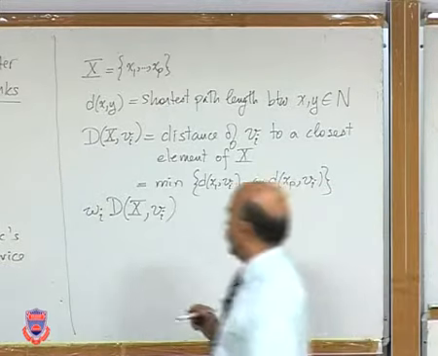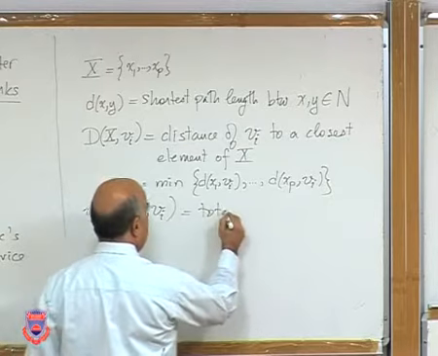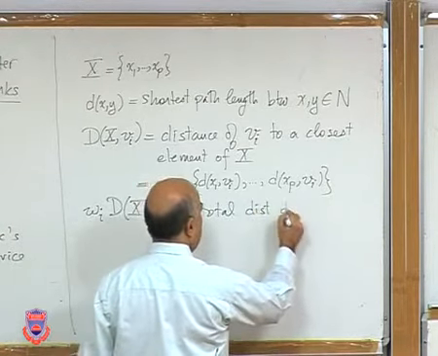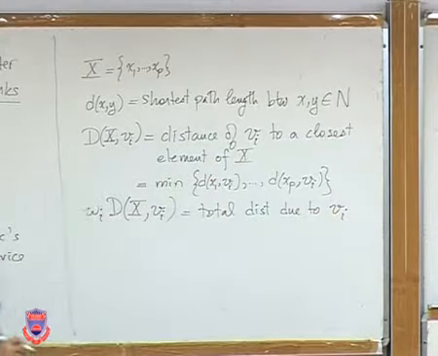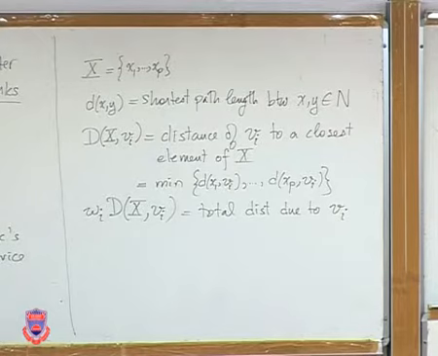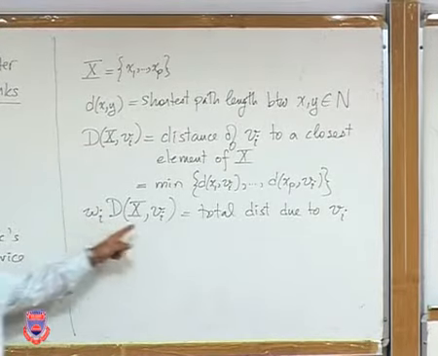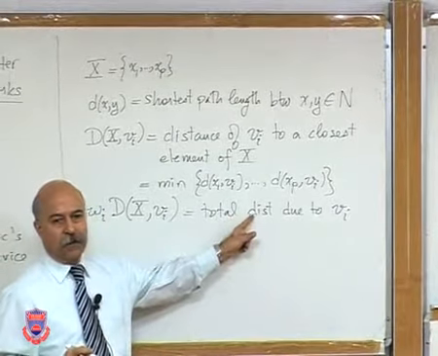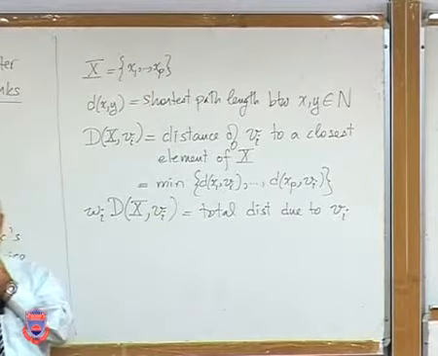Okay? So given that, that's the total distance due to serving Vi. And you've got such total distance for each one. Typically in the literature, rather than total distance, people call it total cost associated with the ith demand point.